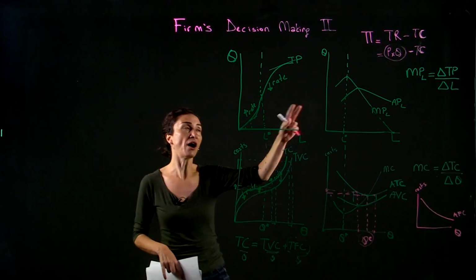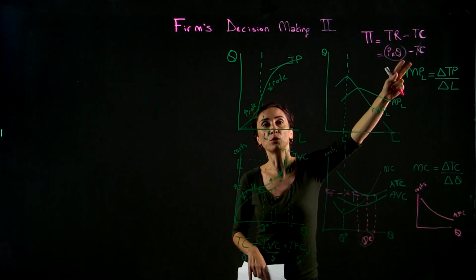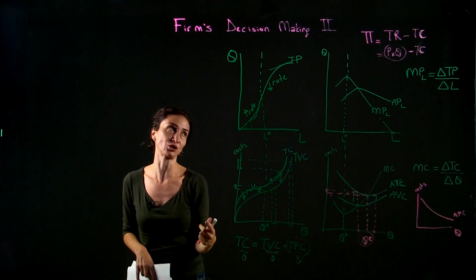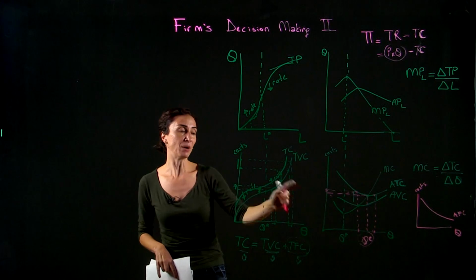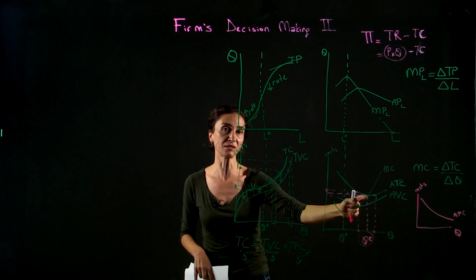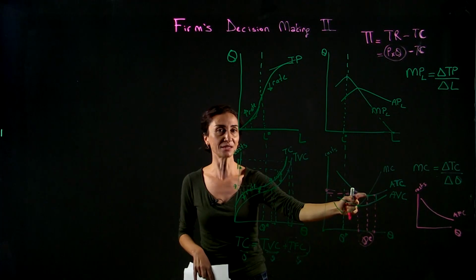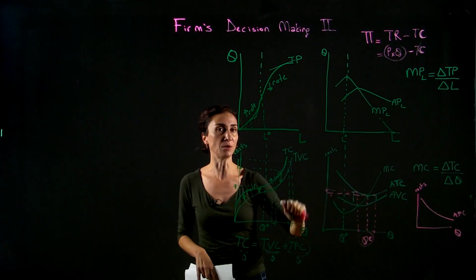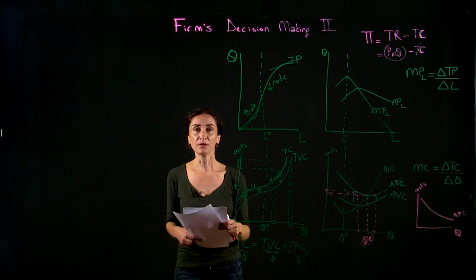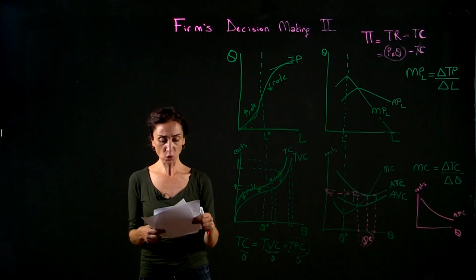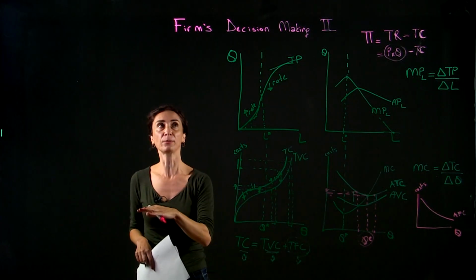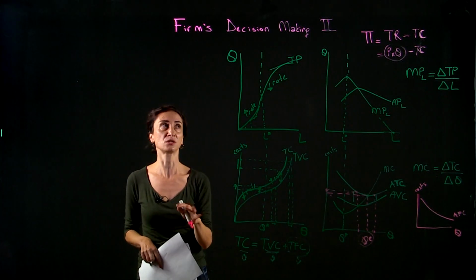That is how I will make my profit maximizing decision, which we will see in the next lecture in detail. But here you should know this quantity is the productively efficient quantity. It is not necessarily the profit maximizing quantity. Now, this is all I would like to say about the short run, and then I'll talk about long run firms' decision making.